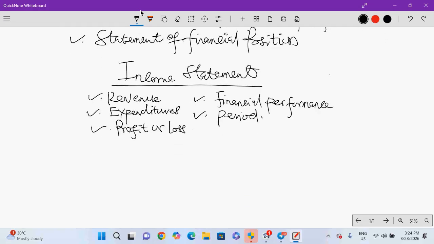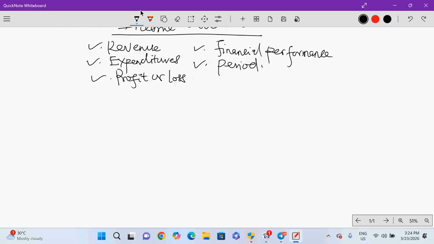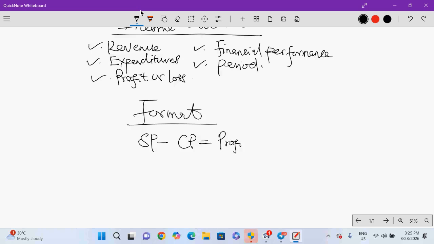Okay, so now let's look at the format of the income statement. There is a format that it follows. I tell my students that the income statement is like the formula we learned from our basic mathematics: selling price minus cost price should be equal to your profit or your loss.